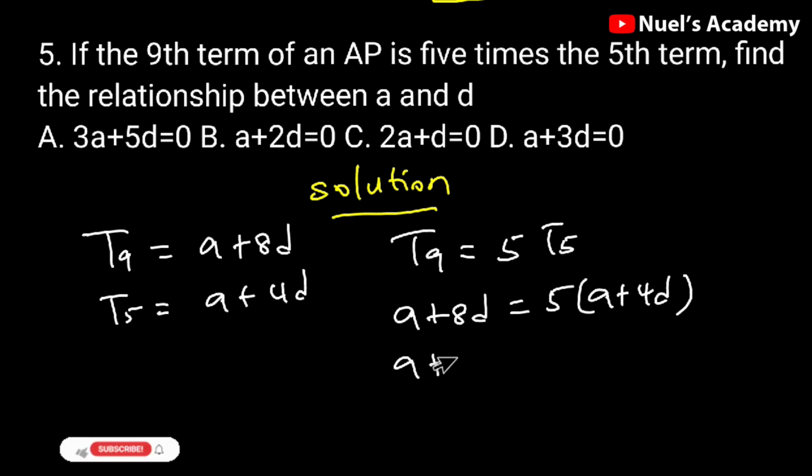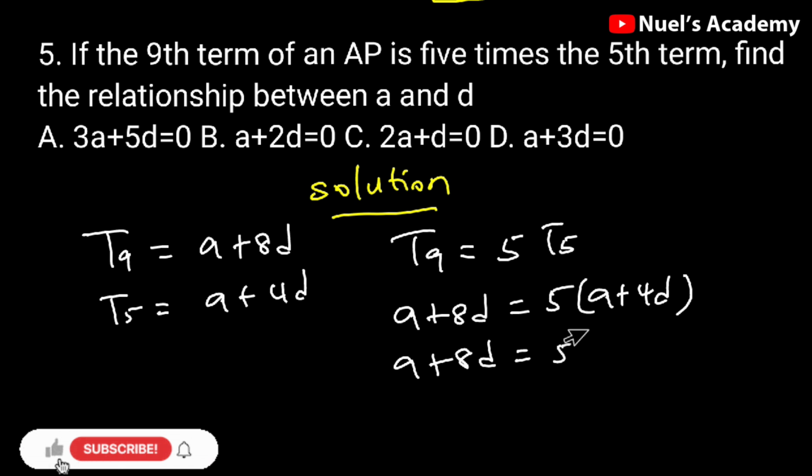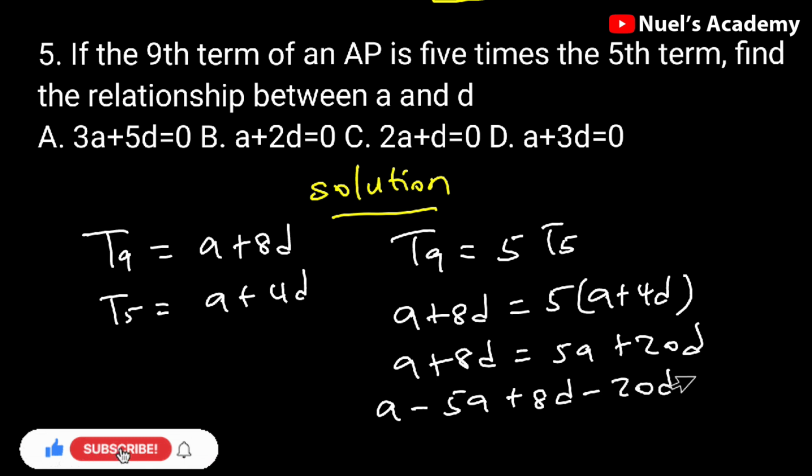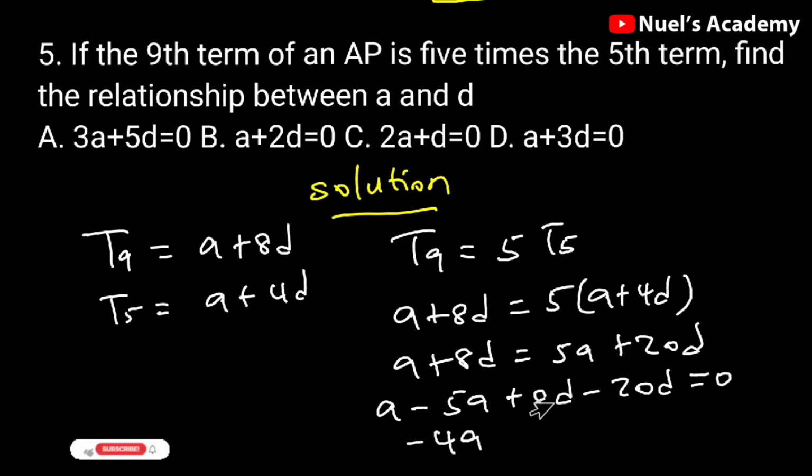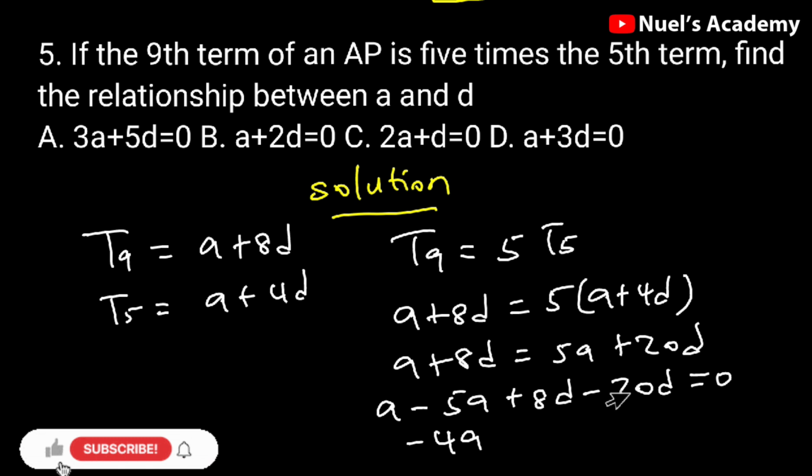So we have that a plus 8d is equal to 5 times a, which is 5a, plus 5 times 4d, which is 20d. So let's collect like terms: a minus 5a, then plus 8d minus 20d, is equal to 0. a minus 5a is equal to minus 4a, then 8d minus 20d, 8 minus 20, is equal to minus 12d, equal to 0.